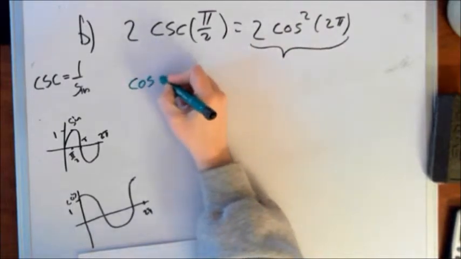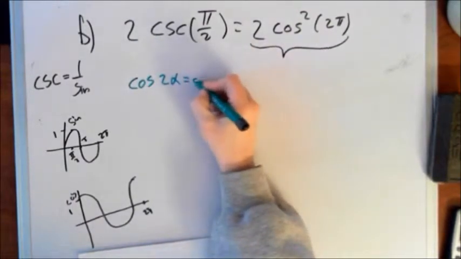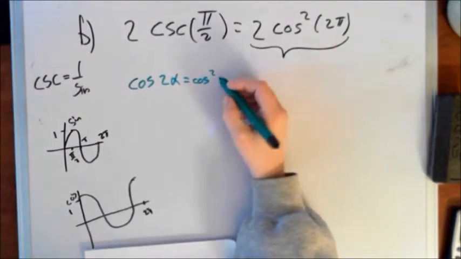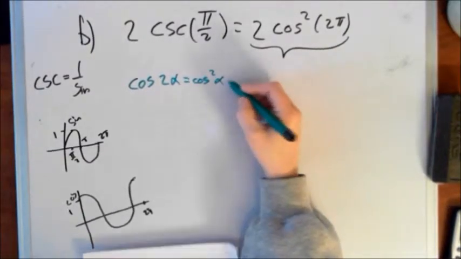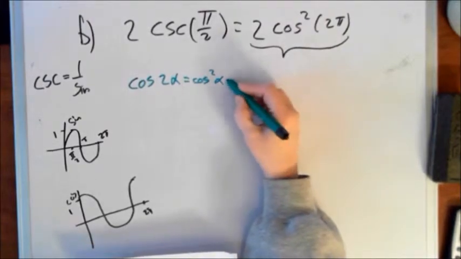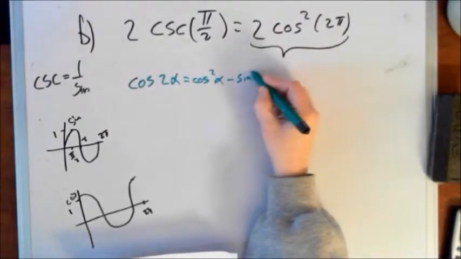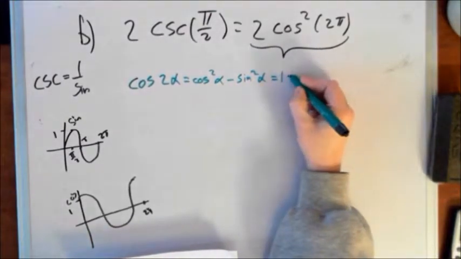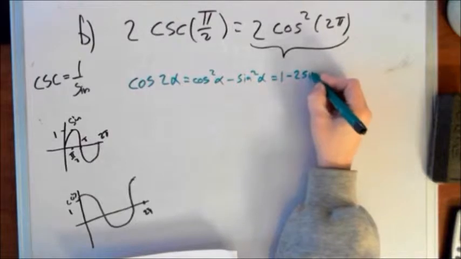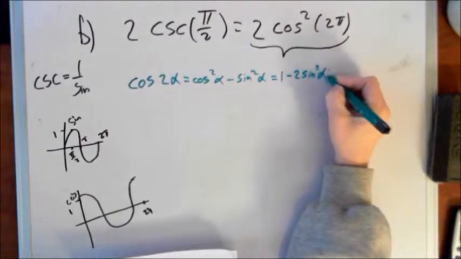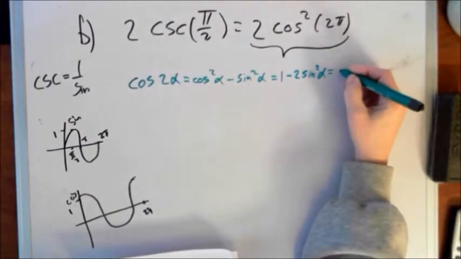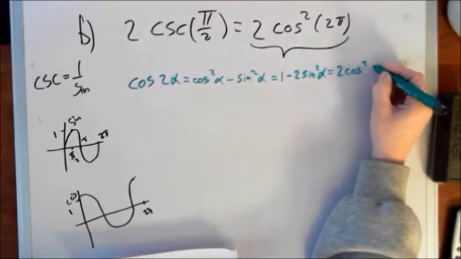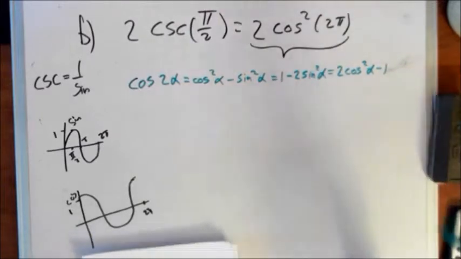So cosine 2 alpha is equal to cosine squared alpha minus sine squared alpha is equal to 1 minus 2 sine squared alpha is equal to 2 cosine squared alpha minus 1, and again, this is straight out of our handbook.